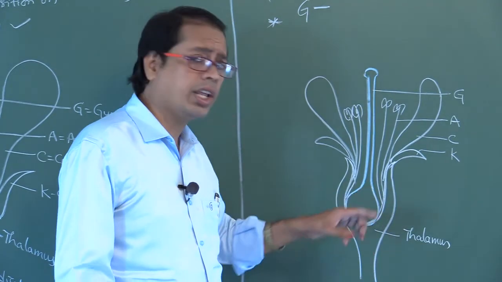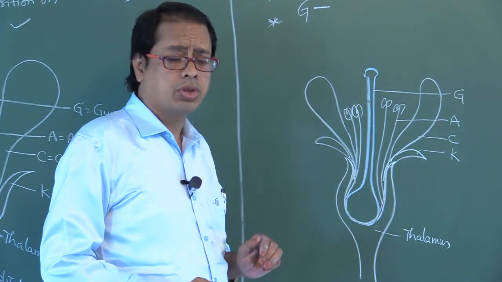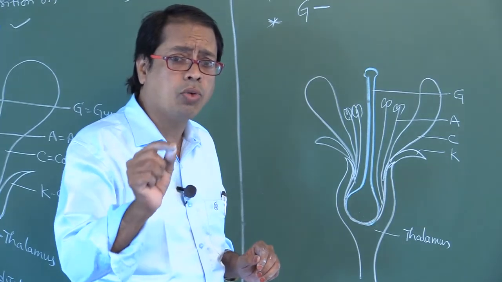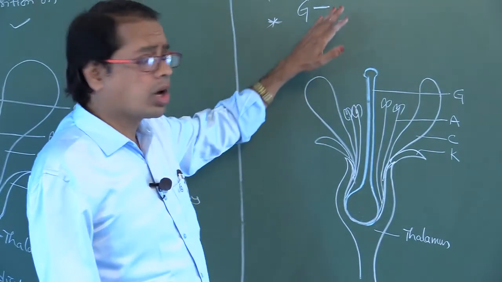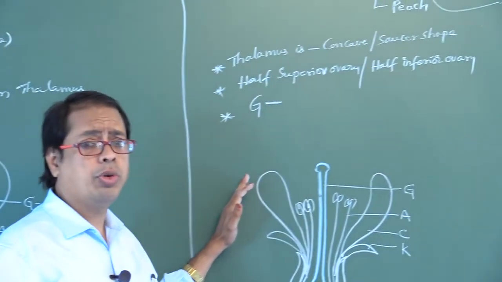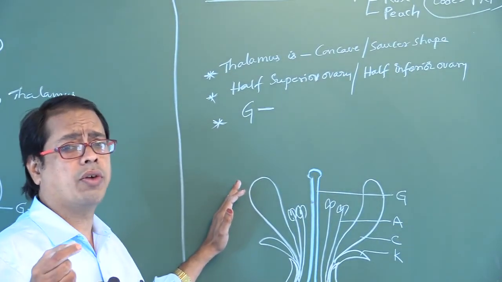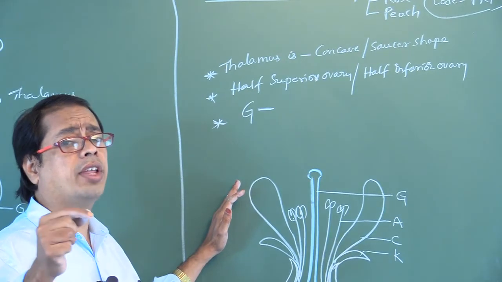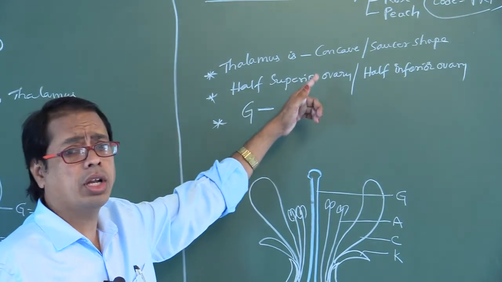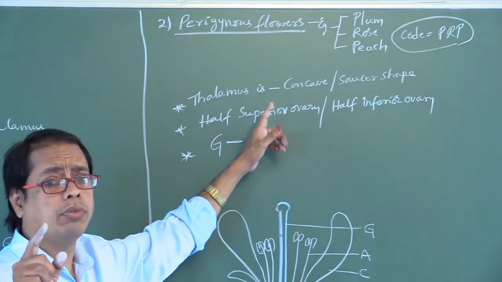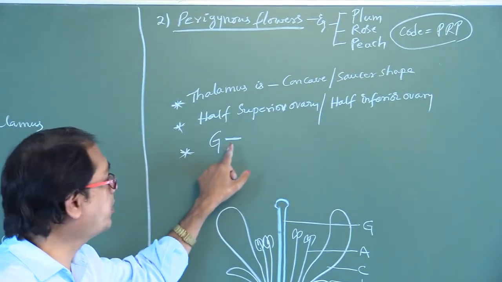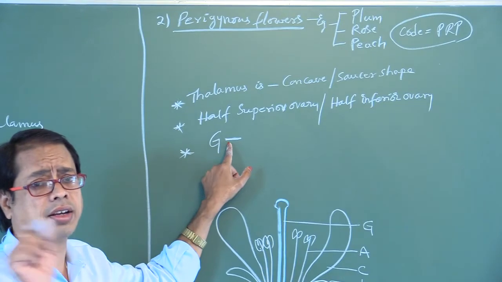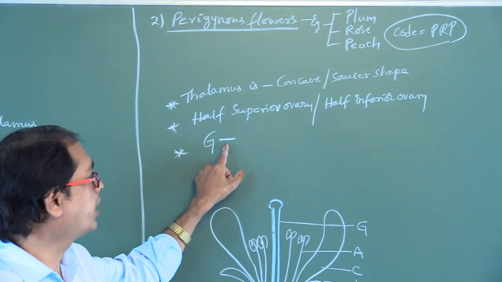Remaining part of the ovary is not attached. Here what type of ovary is present? You may say half superior ovary or half inferior ovary. Examples, code PRP: plum, rose, peach. It is represented as G. In the middle we have to write this hyphen, dash, underline.